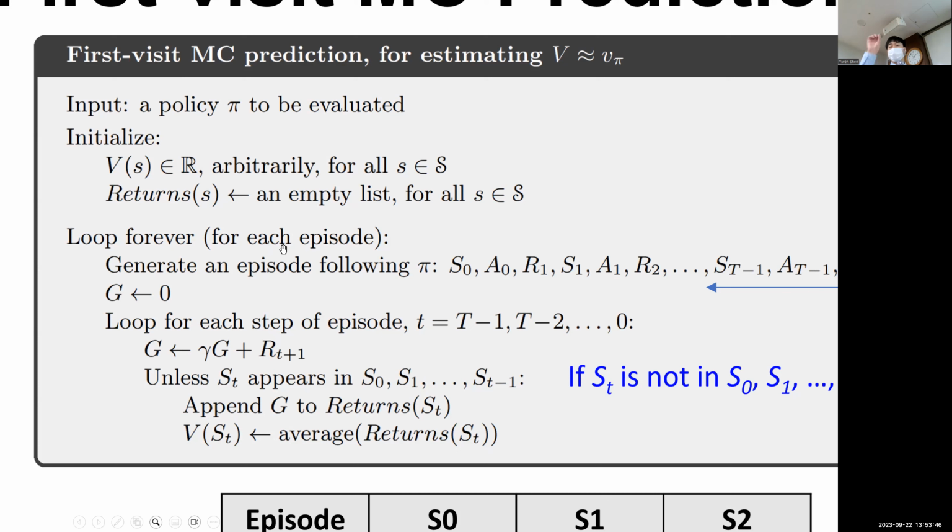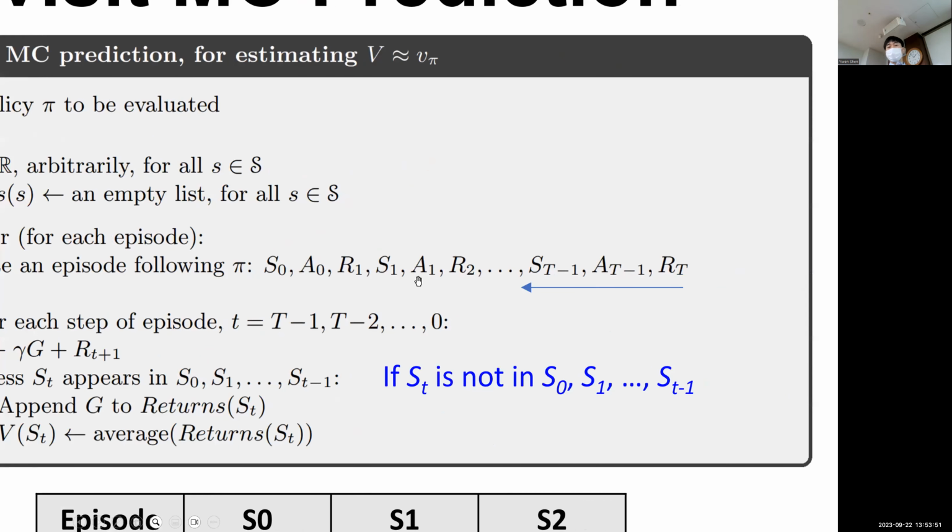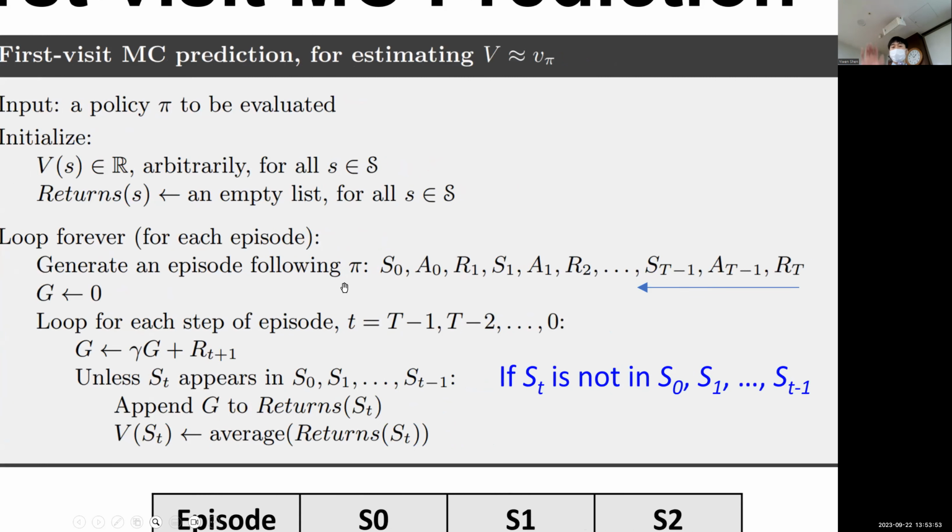Now, from one episode, we generate a sequence following the time. Initially we have an existing policy, because we are going to update the policy. But initially we have the initialized policy.